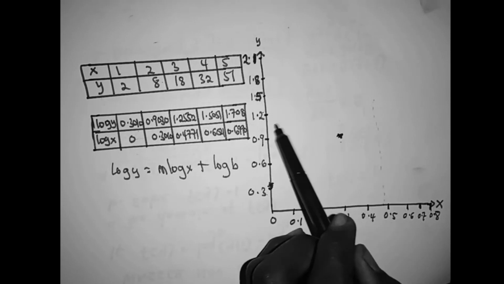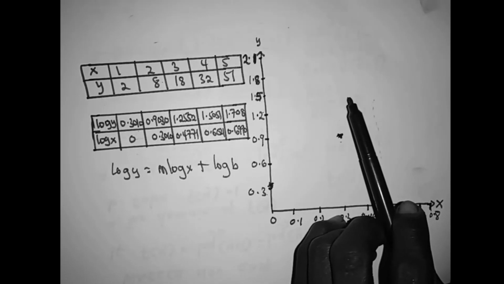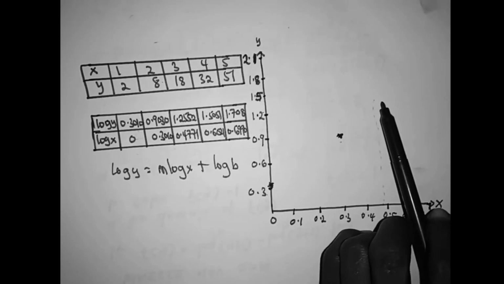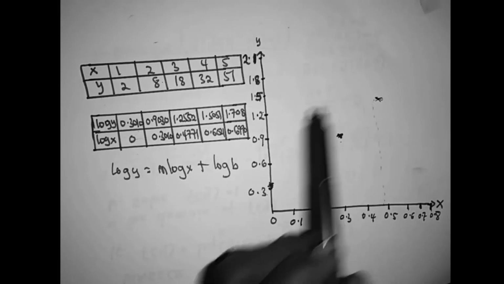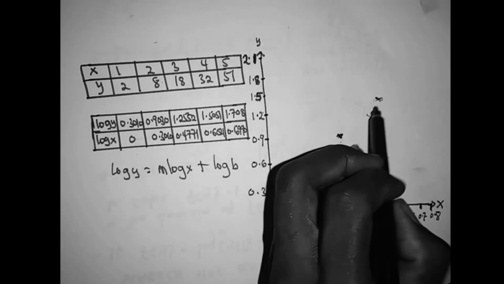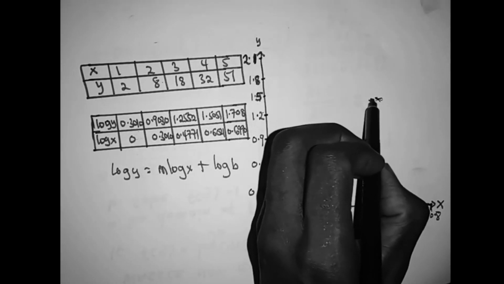And that will correspond to 1.255. This is 1.2. So 1.255 should be greater than 1.2. So that will be somewhere here.